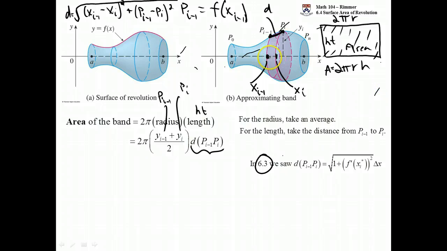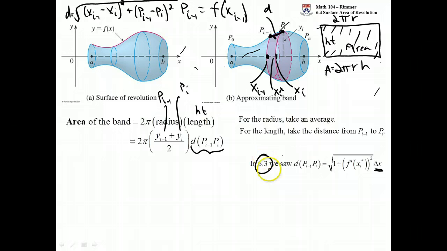There's some xi star, not necessarily the middle, that we decide to use, and we plug that in, take the derivative, square it, add 1, and the delta x here is all from section 6.3.